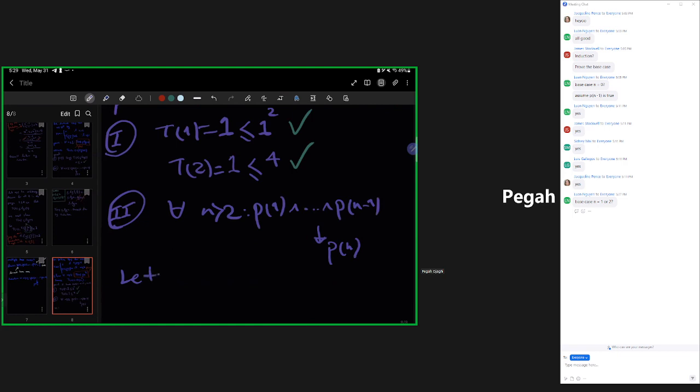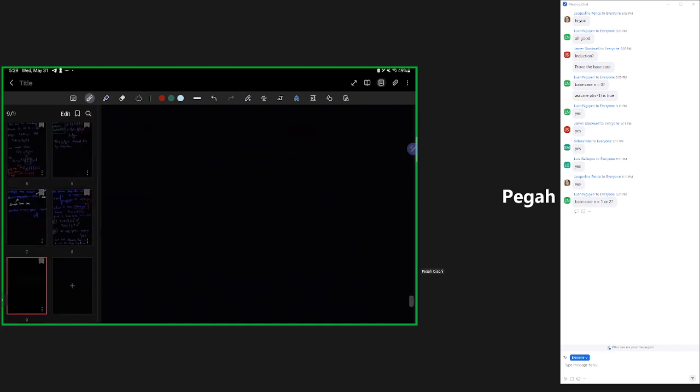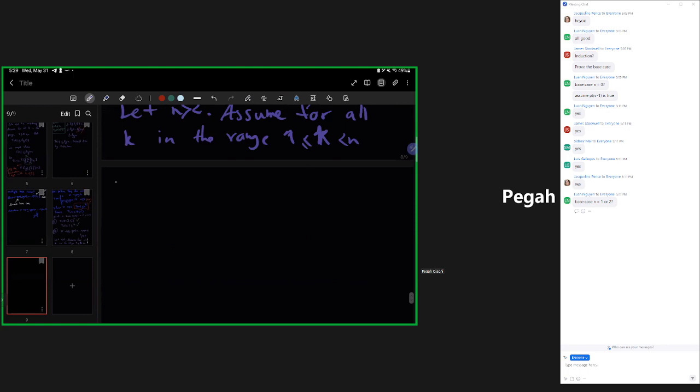Let n be greater than 2, and assume for all k between 1 and n, T(k) is less than or equal to k squared.